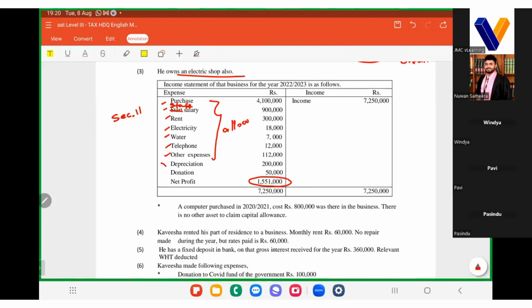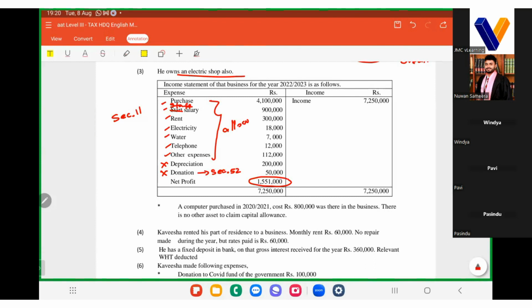But you know, the depreciation and donations are not allowed to deduct as an expense when you calculate the business income. So instead of the depreciation, you can calculate the capital allowances. Instead, as for the donation, you can take it as a qualifying payment under section 52. Let's see how we can do that, right?